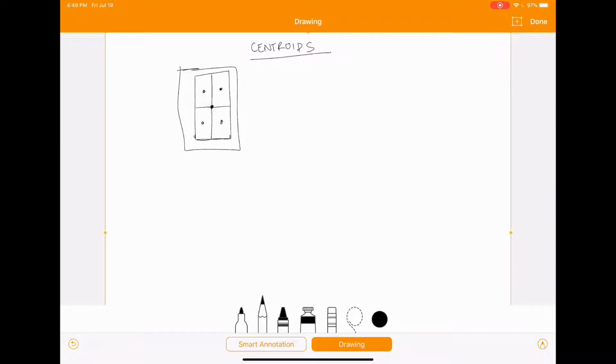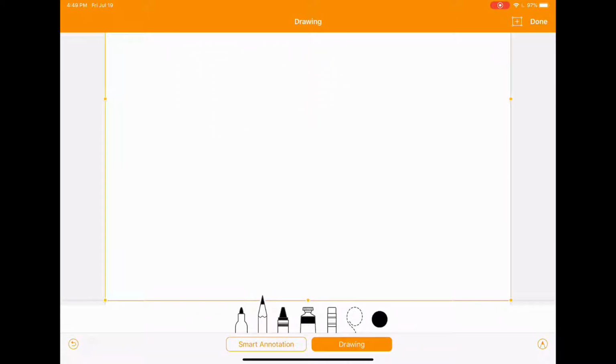So it's really easy to see in shapes like rectangles or squares because those are symmetric shapes. But let's say we've got a shape that looks something like that.